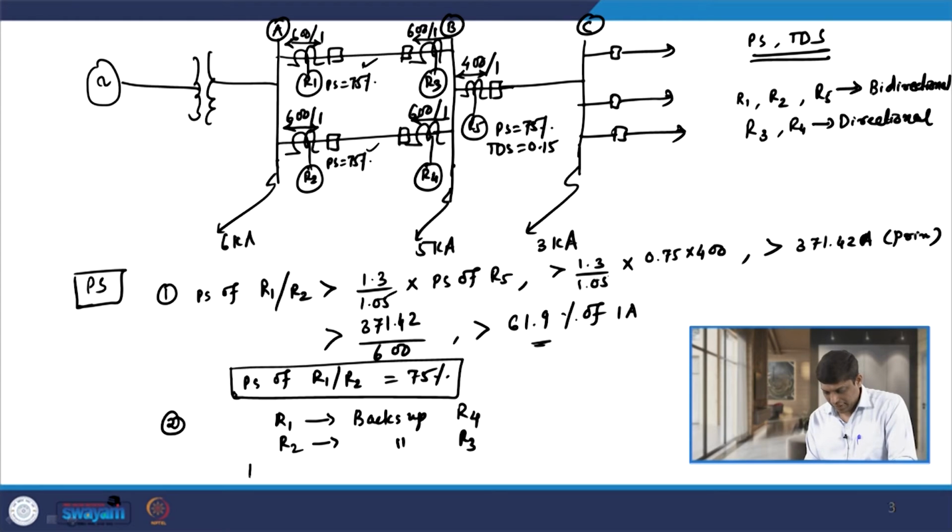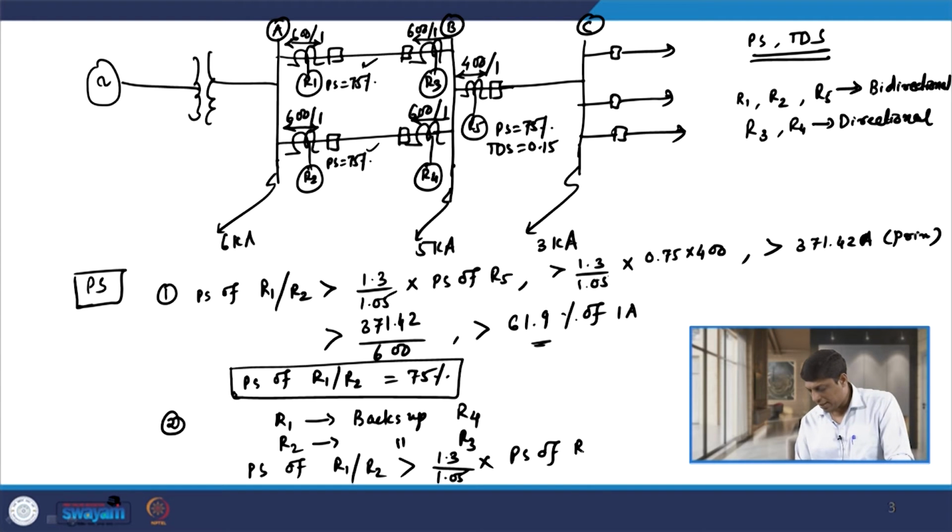So, I can write down the plug setting of R1 and R2 is greater than 1.3/1.05 into the plug setting of R4, since R1 backs up R4. I am writing R4 first and then R3.